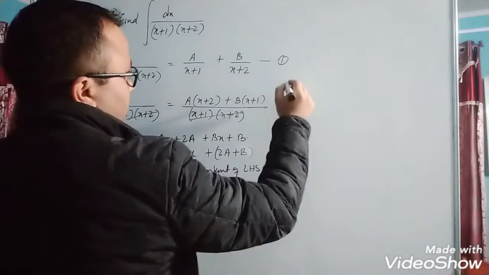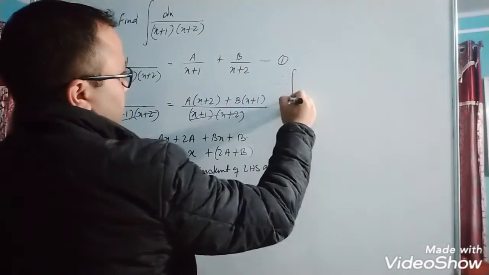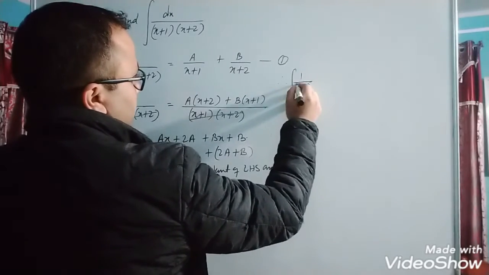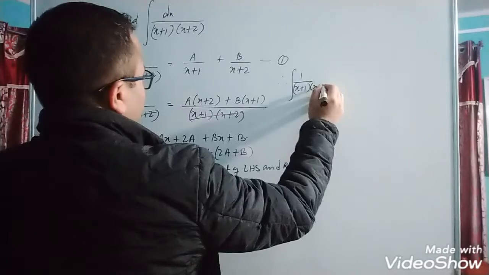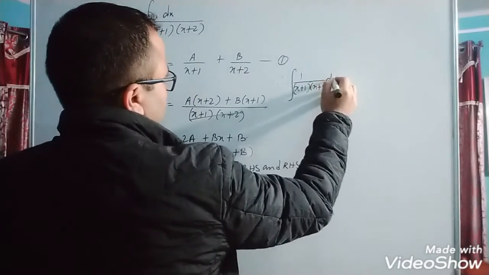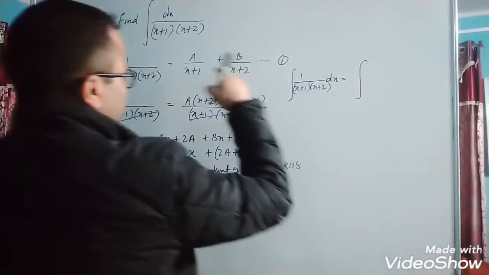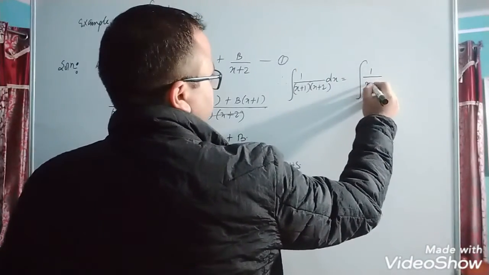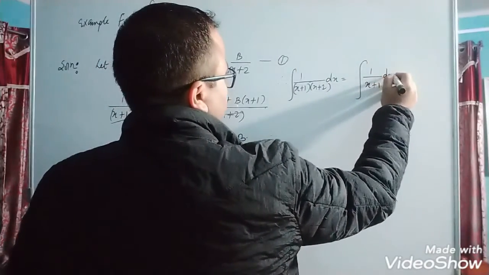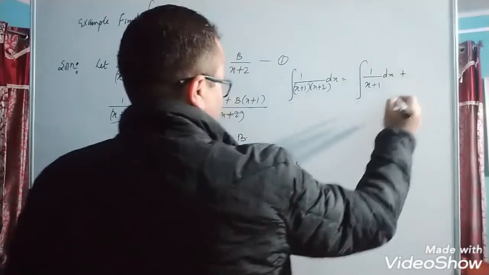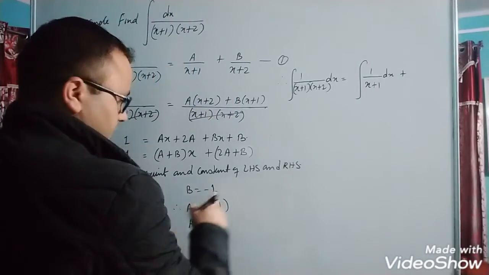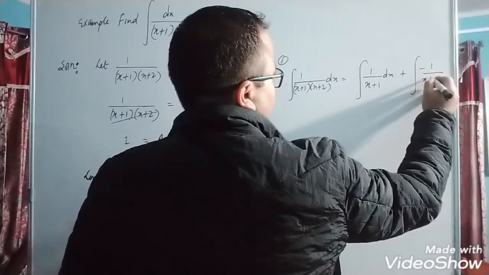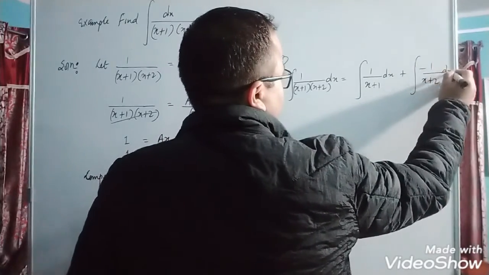Therefore the integration of 1 by x plus 1 into x plus 2 dx equals the integration of, the value of a is 1, so 1 by x plus 1 dx, plus, the value of b is minus 1, so the integration of minus 1 by x plus 2 dx.